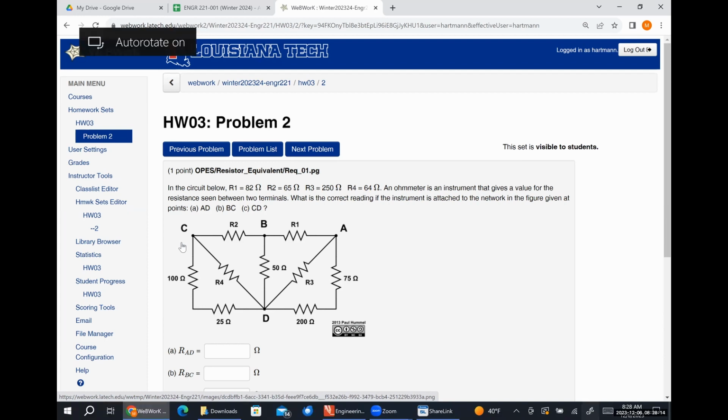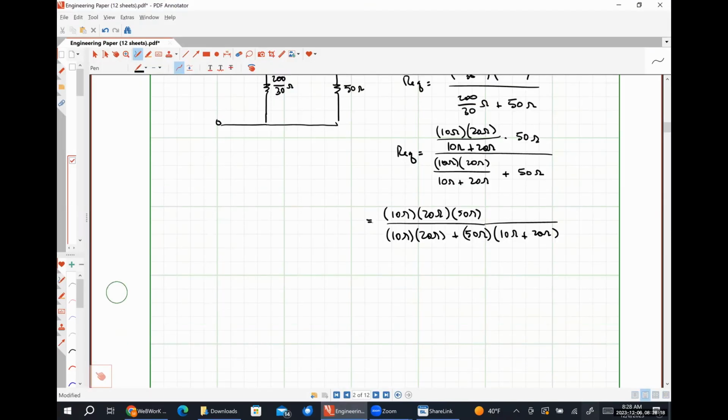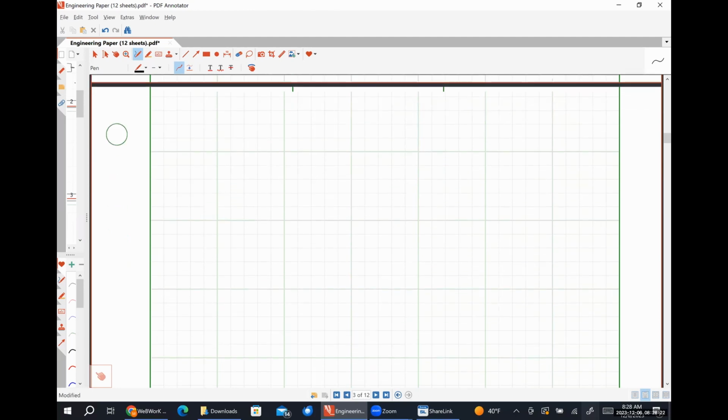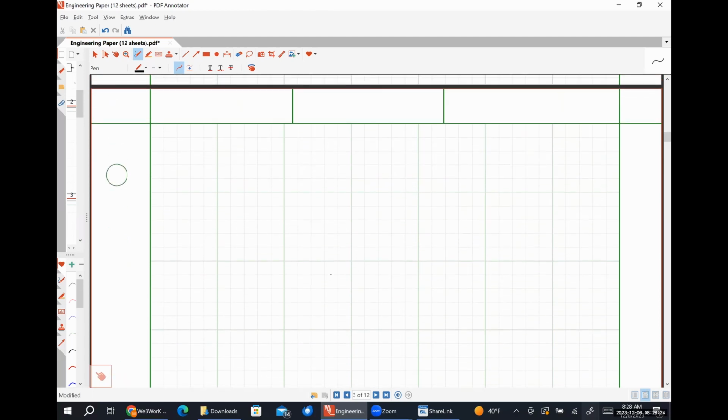Okay. So we're going to look at a network that looks something like this.